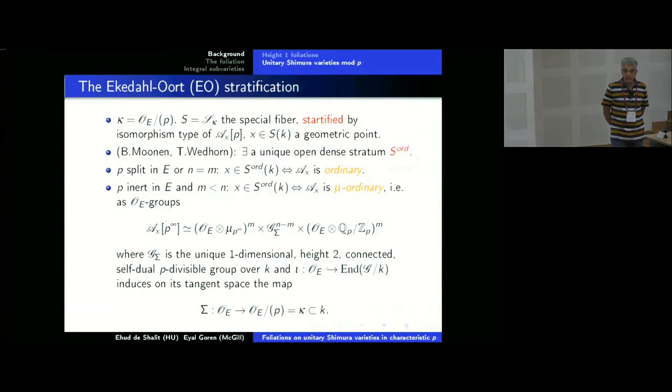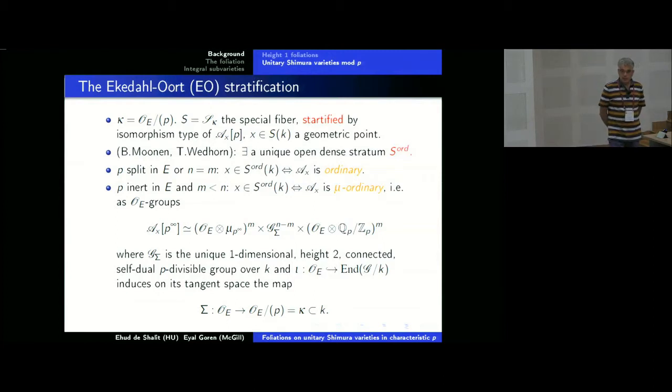If P is either split in E, this is the case that we shall soon abandon because all that we'll be saying is trivial in this case, or n is m, then an abelian variety over a point in this open dense subset is ordinary in the usual sense.